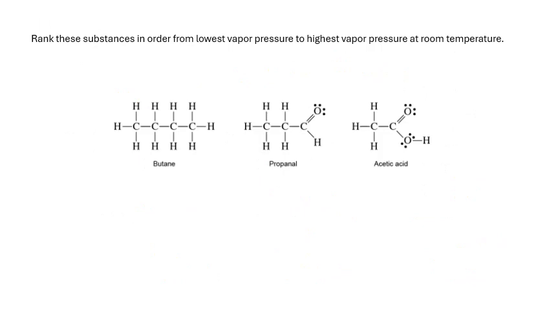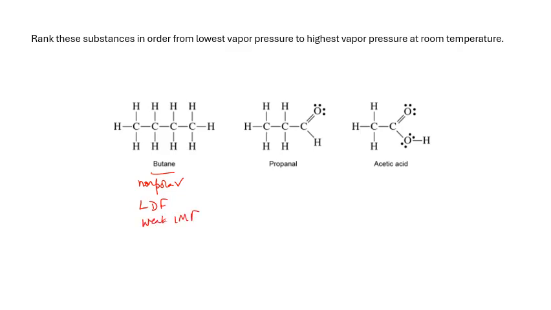Let's try another example. Rank these substances in order from lowest vapor pressure to highest vapor pressure at room temperature. Here also we don't have any change in temperature, all are at room temperature, so I have to analyze the IMF in each molecule. Butane, I can see only carbon and hydrogen, so no big difference in electronegativity, so this is going to be non-polar. Non-polar means I will have only LDF, weak IMF.